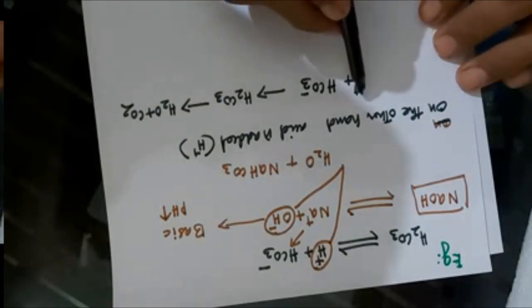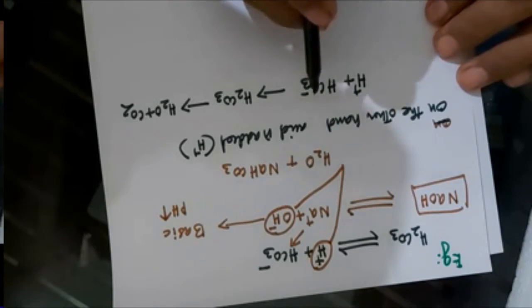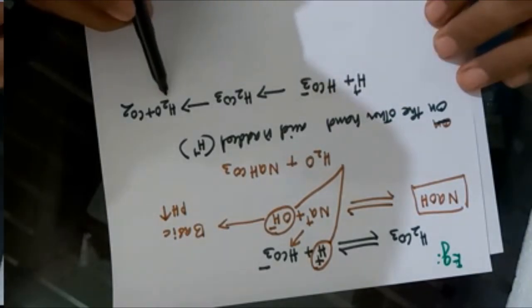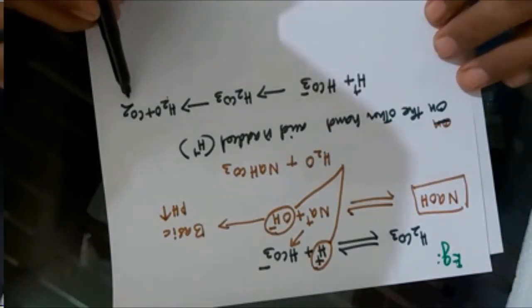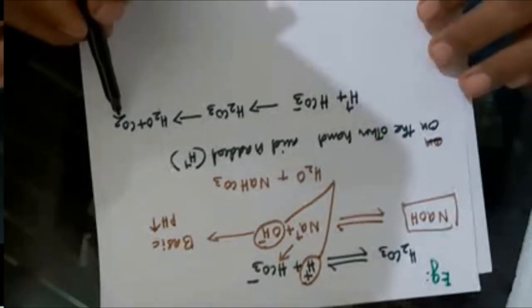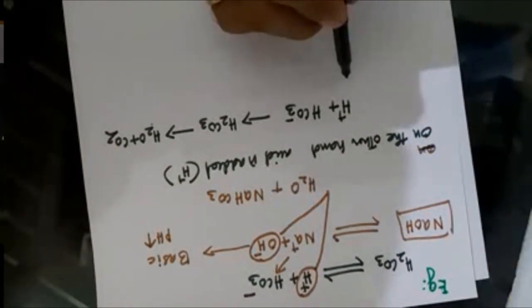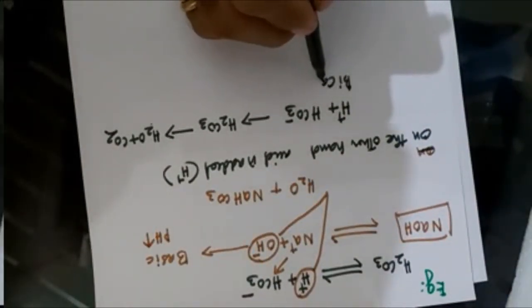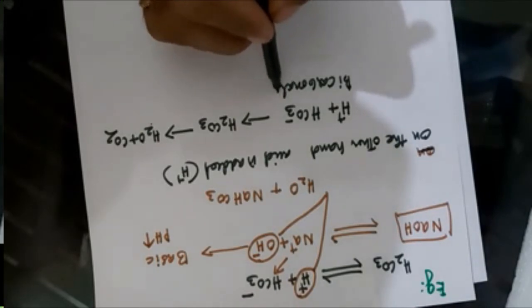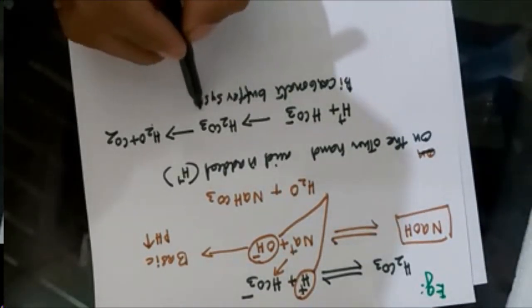So the net effect of H+ ion is neutralized and ultimately water and carbon dioxide are produced. So this way the pH is maintained normally. This is called the bicarbonate buffer system.